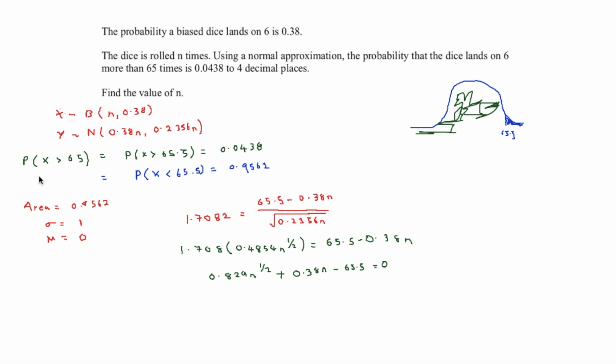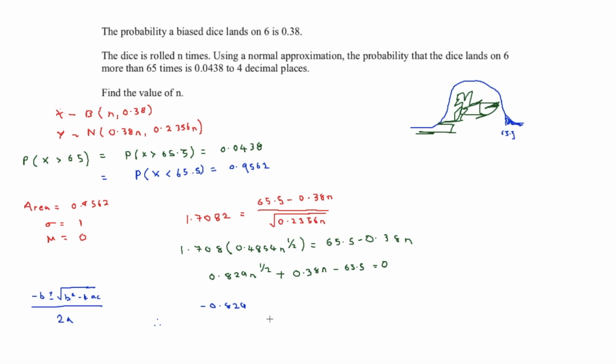To work this out, we're going to be using the quadratic formula, which we haven't seen for a little bit: minus b plus or minus the square root of b squared minus 4ac, over 2a. So that's going to be equal to minus 0.829, because if you remember, that is b, and the 0.38 is going to be our a value.